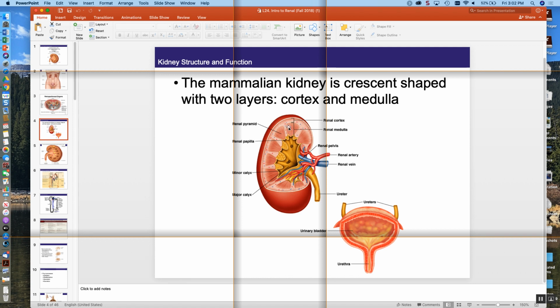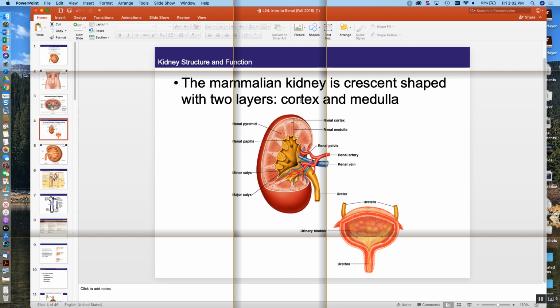And the medulla is that pyramid structure right here, the darker pyramid structure. We had this around Halloween. People that have the lab were actually able to do a cross-section of the kidney, and you could very easily see the medullary region, okay?